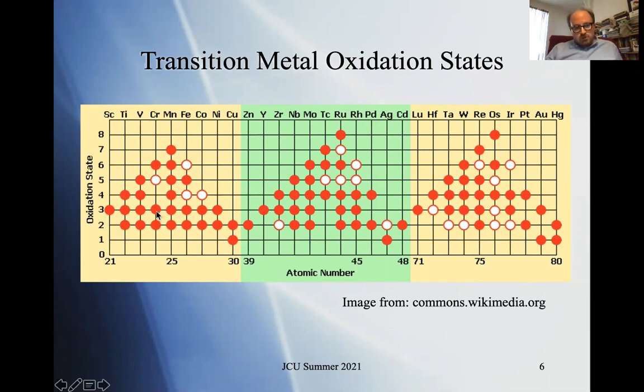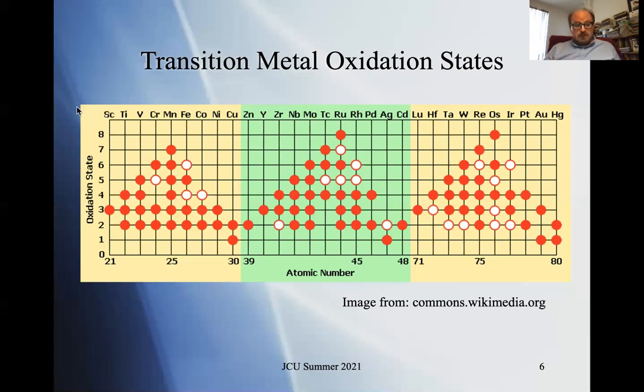There's a question. The difference between the red and white circles has to deal with basically relative existence. So the red ones are the more common oxidation states. The white ones are either the lesser available oxidation states, or in some cases it might just be ones that are only found during a reaction.